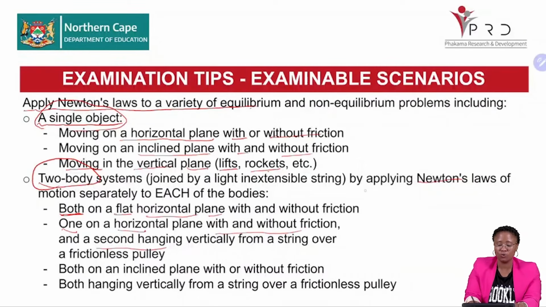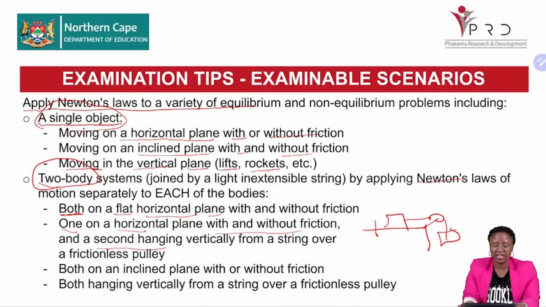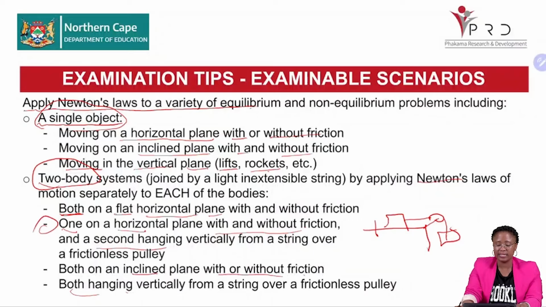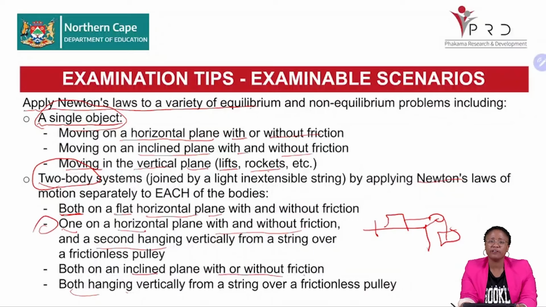I think this one we looked at. So that would mean if you had a table there, you have an object, and that is a pulley, and the other one will be hanging. That would be this scenario. Both on the inclined plane with or without friction, both hanging vertically from a string over a frictionless pulley.